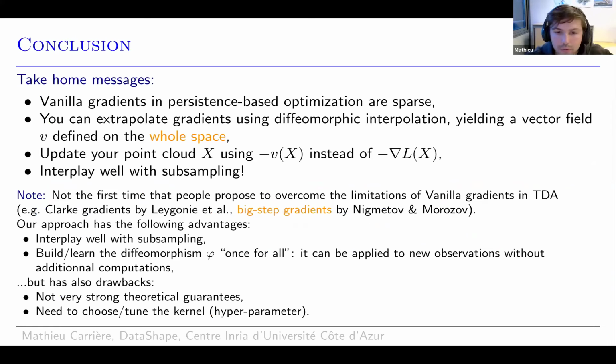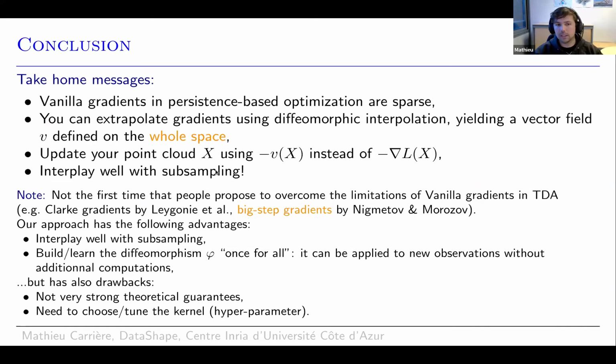All right, a few things to say before I conclude. So the take-home message is this one, right? We're trying to fix the sparsity and computational efficiency problems and the extension of gradients that you get with the vanilla gradients, and we fixed it by interpolating, creating a new vector field defined on the whole space and using it instead of the gradients.